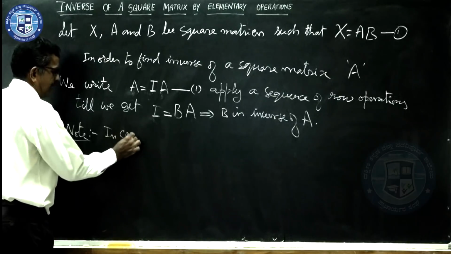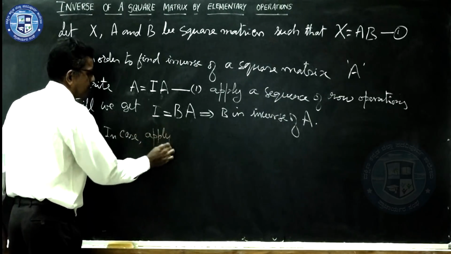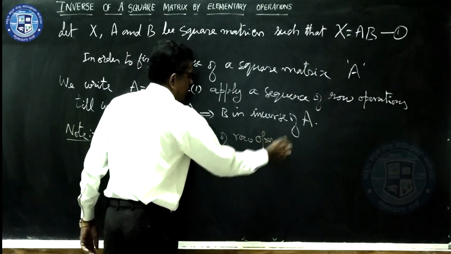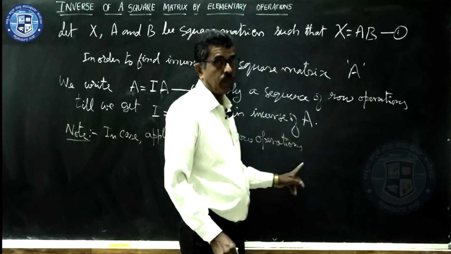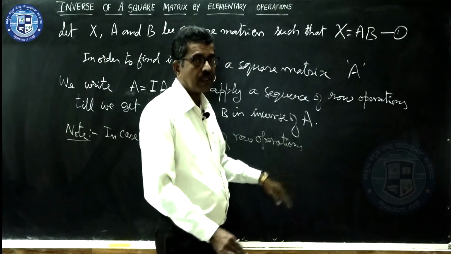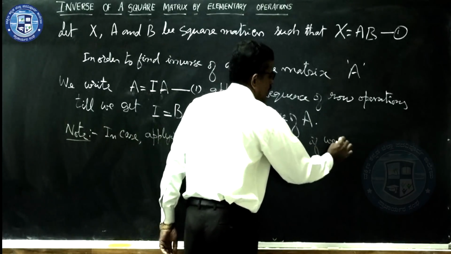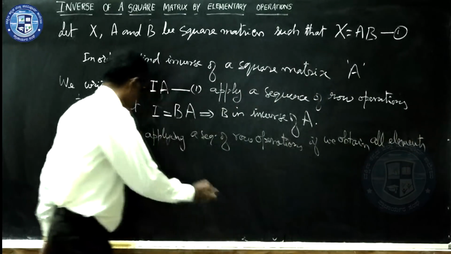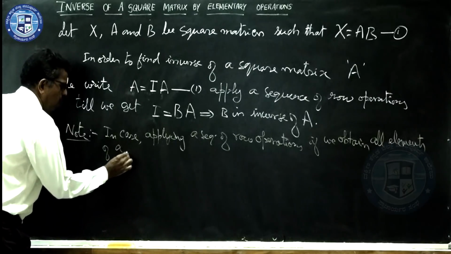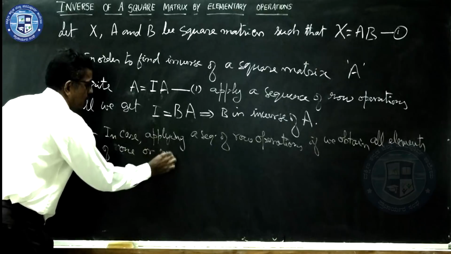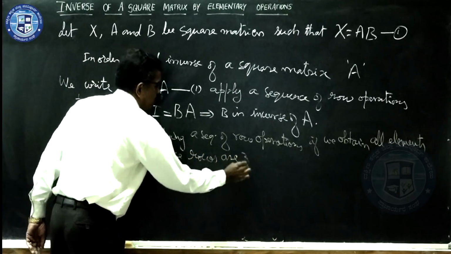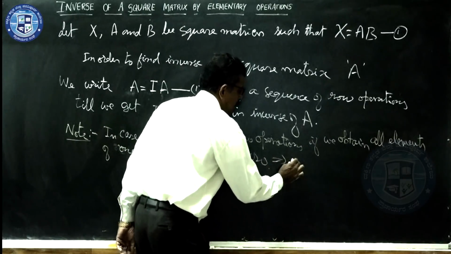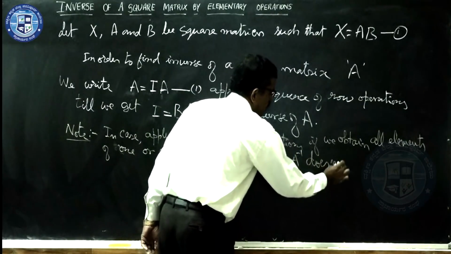I will give you an idea: by applying a sequence of elementary row operations, if you obtain all elements of just one or more rows as zeros, then this indicates that the inverse of a matrix does not exist.